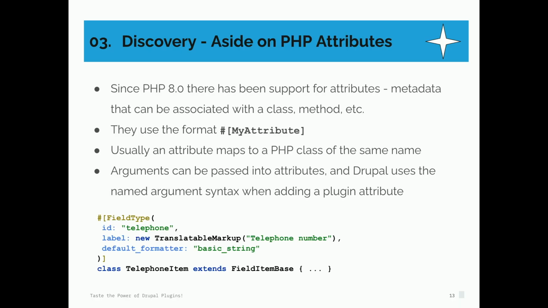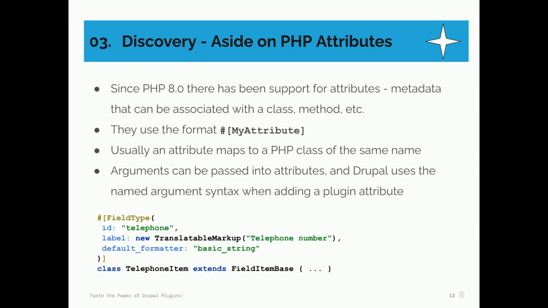So I've mentioned PHP attributes a few times here. This still felt not so familiar to me, even a year ago. But this has been a feature of the PHP language since PHP 8. Basically, an attribute is a kind of metadata that you can associate with a PHP class or a method or a function.